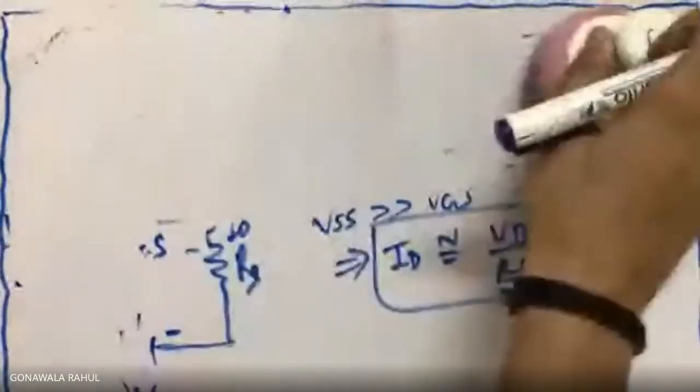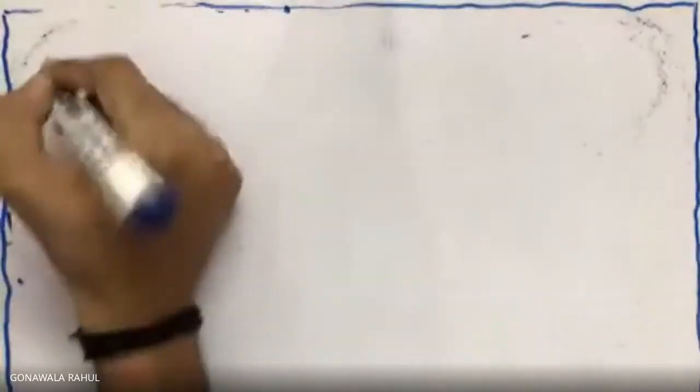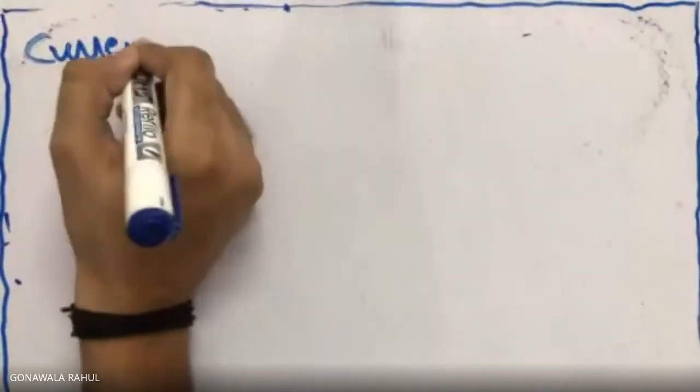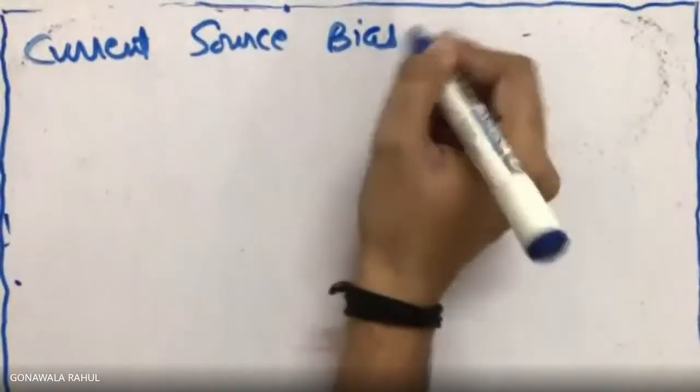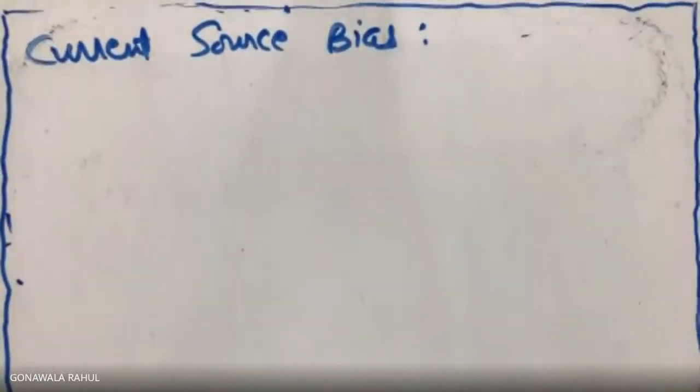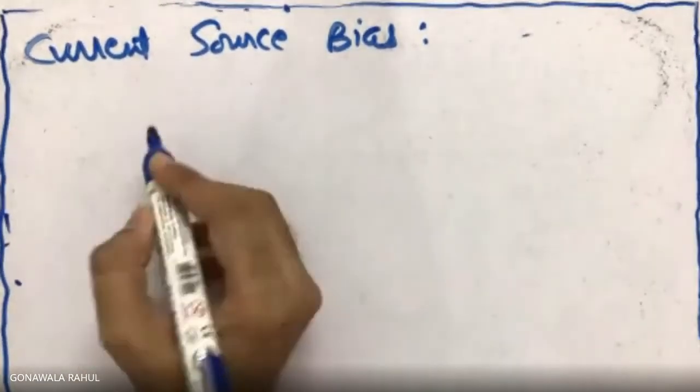And last is current source bias. Okay. So in current source bias, we will use a BJT also along with this. The circuit will be like this.